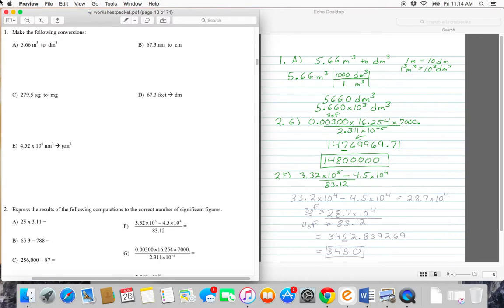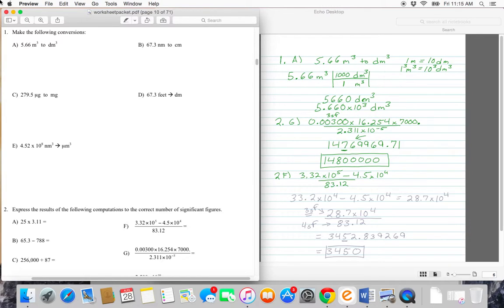All right, this problem is different from the previous problem because we have now multiplication and division in the same problem. So we must now separate our operations first and then determine significant figures for each operation separately. So that means that if we wanted to look at the numerator or the subtraction problem first, we see that we do not have the same exponents.